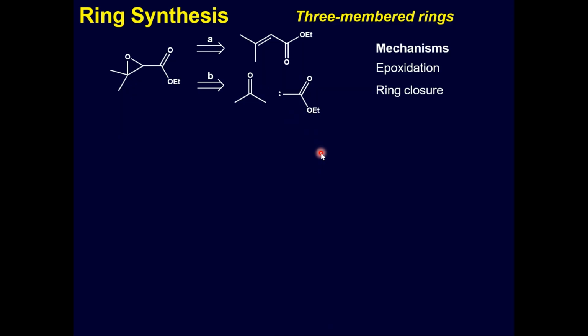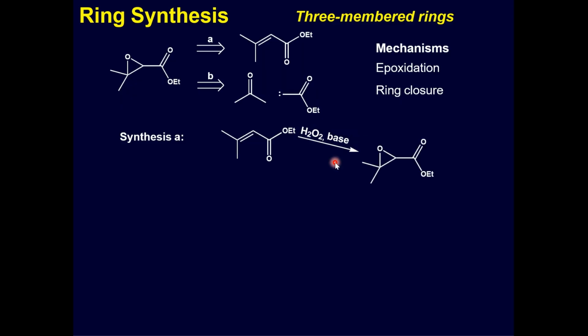How can we approach this? Epoxidation. To do epoxidation, I treat this alpha beta unsaturated ester with hydrogen peroxide and a base. I'll get the corresponding epoxide. The second strategy is I attach an electron withdrawing group at this position.